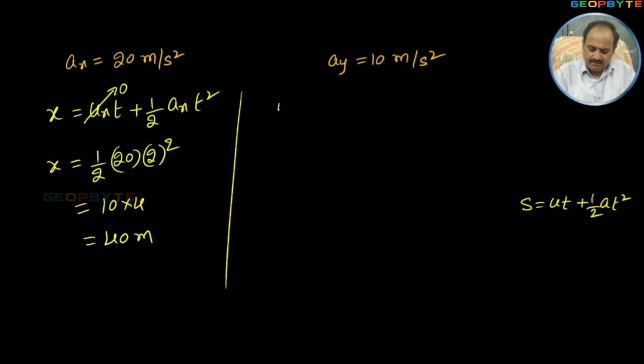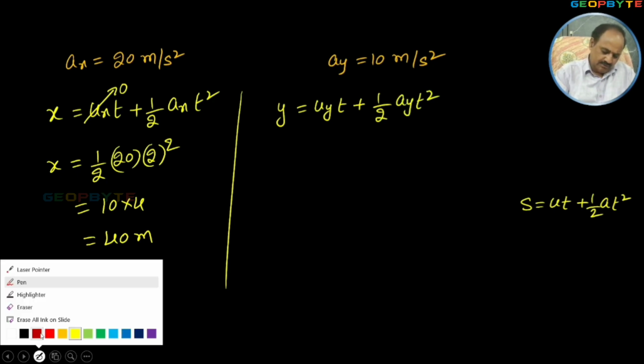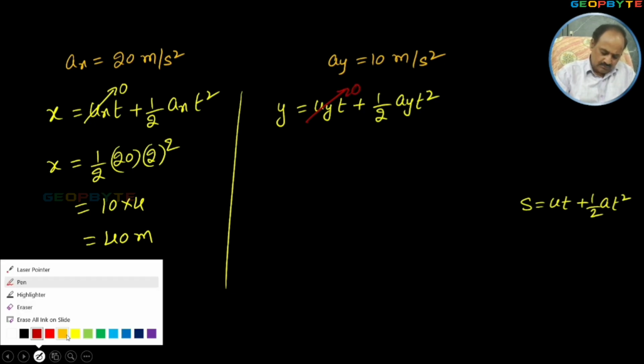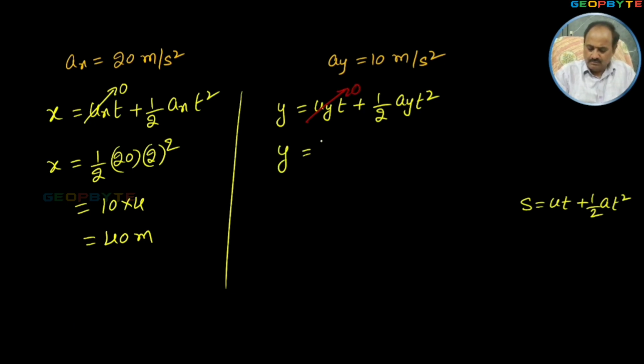Similarly, y can be decided. Y equal to uyt plus half ay t square. Here uy equal to 0, y equal to half into ay 10 into t square 2 square.